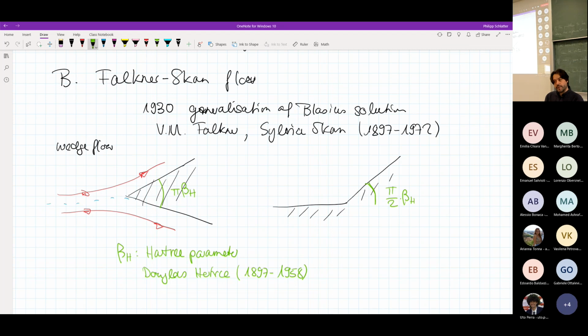So that's just important to keep in mind when you talk about these definitions. It comes from the wedge, that's why the Hartree parameter is the angle of the whole wedge. But if you look at it as a ramp, it's just half of the angle. So anyway, also here, it would just be the flow on top of this ramp.